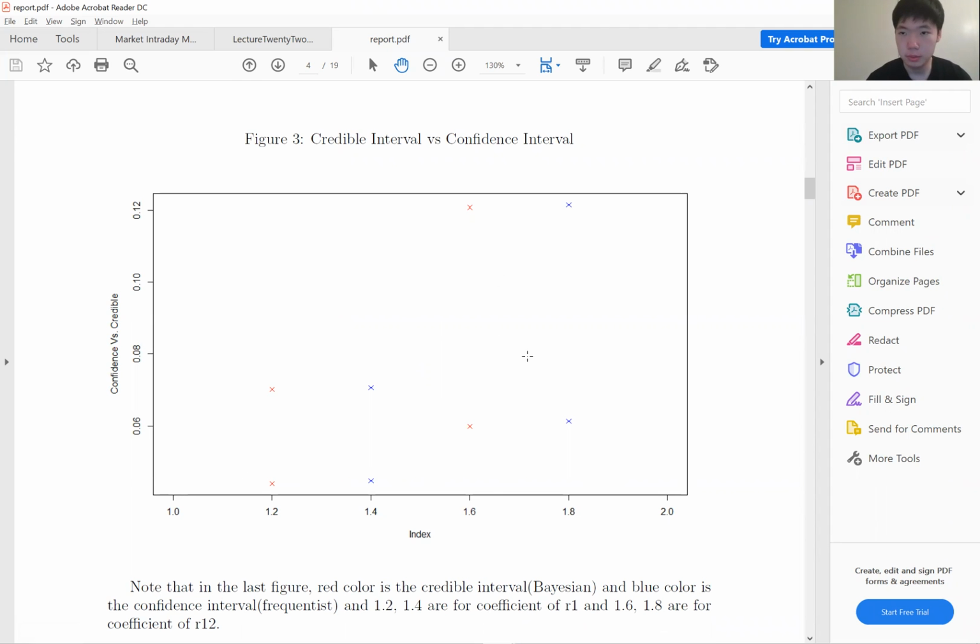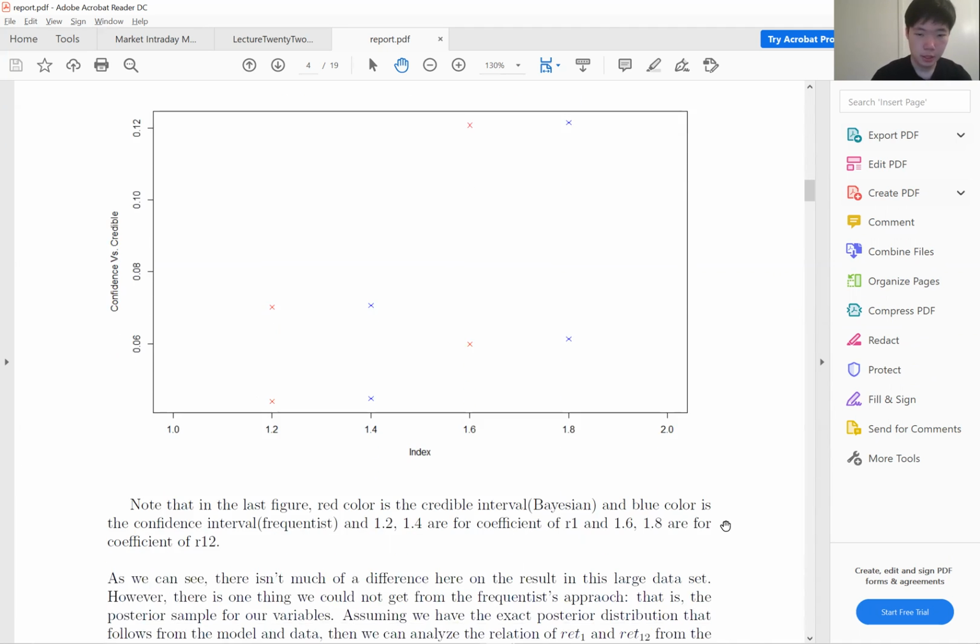We're treating the coefficients as something random, and it's much more intuitive than frequentist inference. So though these two intervals agree with each other, we explain them from different perspectives.